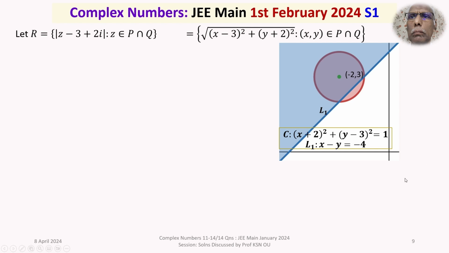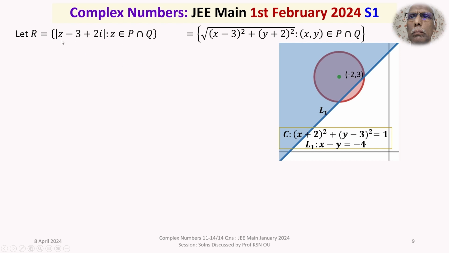3 minus 2i is a point in the fourth quadrant. And all those Z belong to this mixed shaded portion. The distance between all those Z to 3 minus 2i, for that, the maximum and minimum you have to find out.